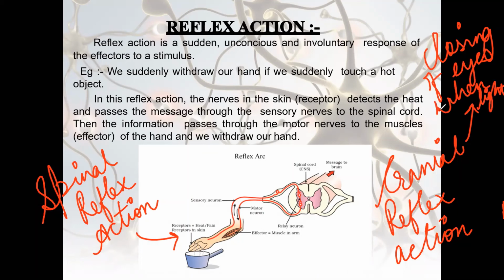So there are two types of reflex action. Number one is cranial, another one is spinal, right? Reflex actions, remember, are always quick actions, right? The response is quick, faster.